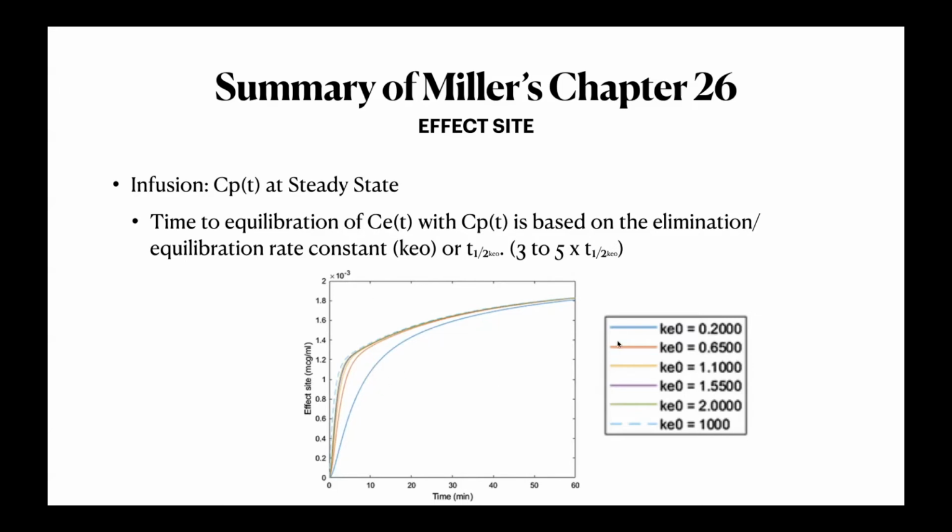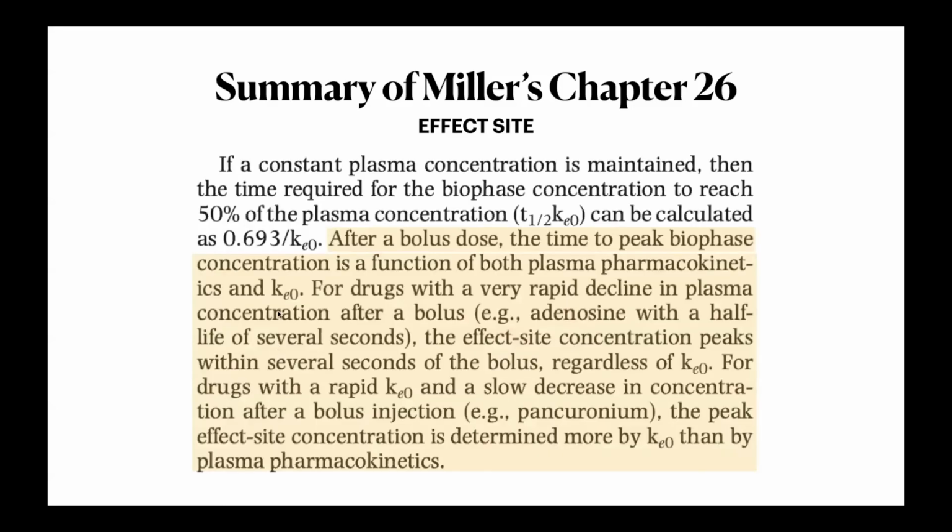In other words, for a KO that is small, it will take longer to equilibrate versus a KO that is a lot larger, which will equilibrate a lot faster. Now, this is the second line here. So after a bolus dose, the time to peak biophase concentration is a function of both plasma pharmacokinetics and KO.